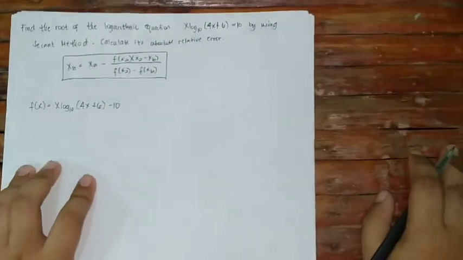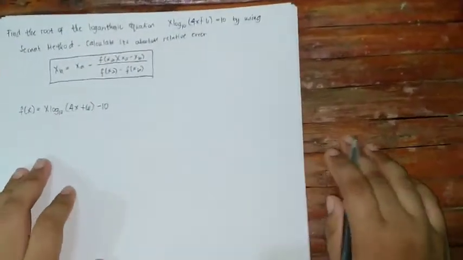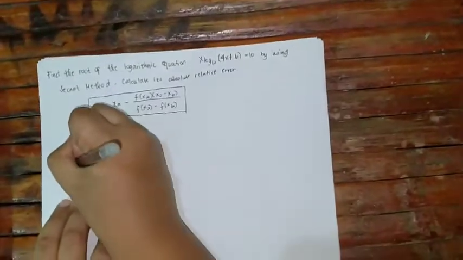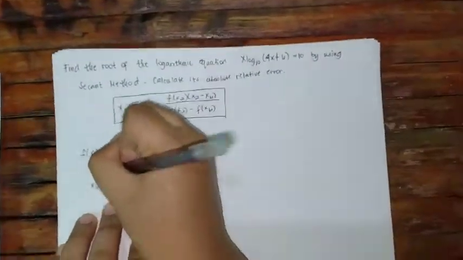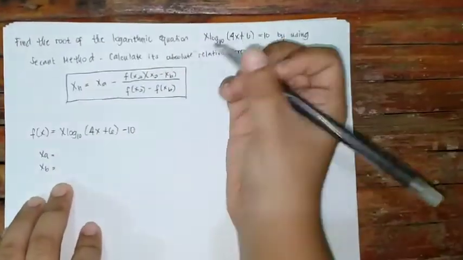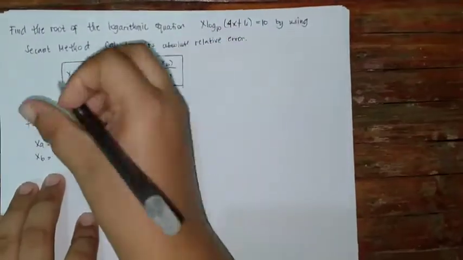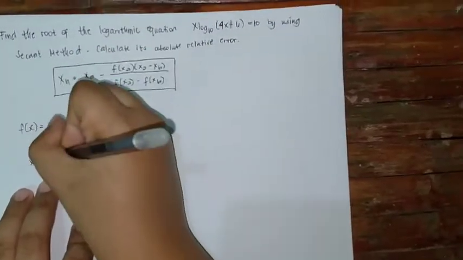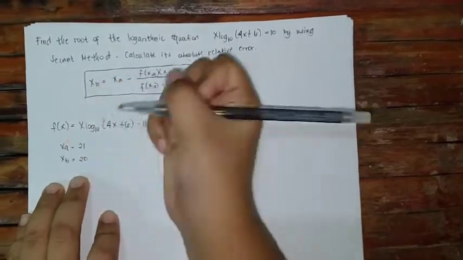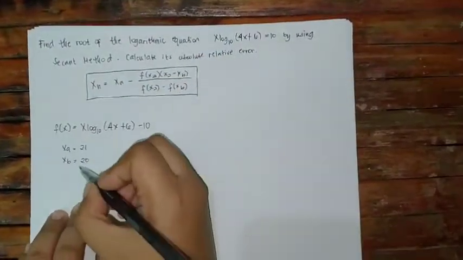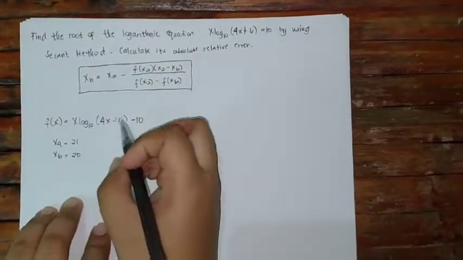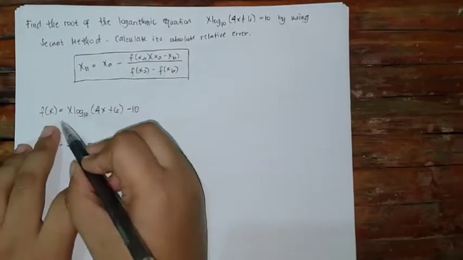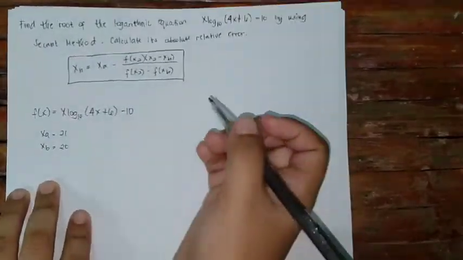Now, in secant method, we're going to have two initial guesses, x_a and x_b. Now, suppose we have x_a as 21 and x_b as 20. Now, we're going to substitute the x_a to this example.